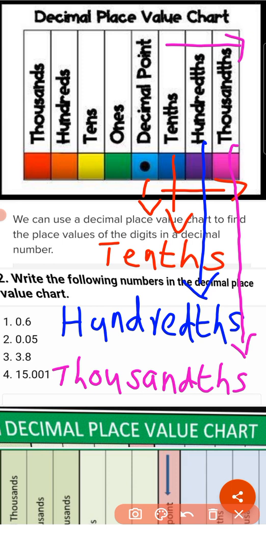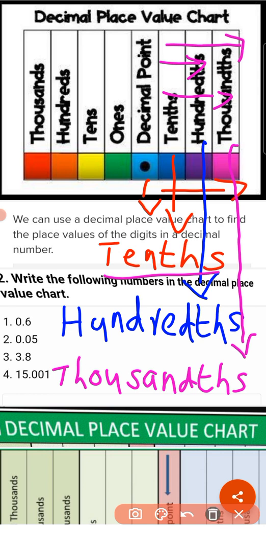The first place is tenths. Write 10 then THS. The second place to the right side is hundredths. And the third place is thousandths. Then the fourth place is ten-thousandths. It will go like this, children.